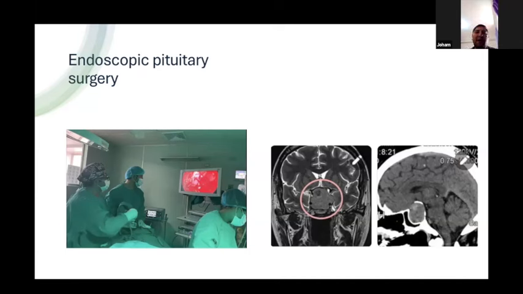I invited a colleague who could help us with these cases, and he came with his instruments, and we did this surgery nicely. With all the benefits of endoscopic surgery, the patient went home maybe the next day, and he didn't have a lot of endocrinological issues, and also no cerebrospinal fluid leak. So those cases were also very nicely done.